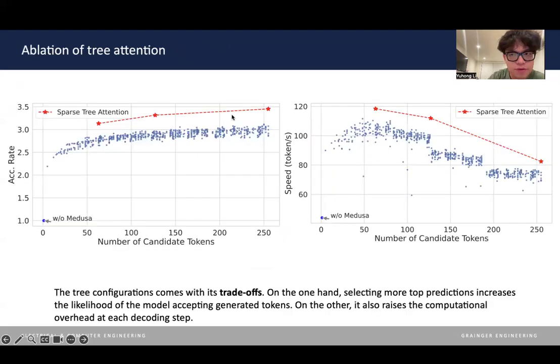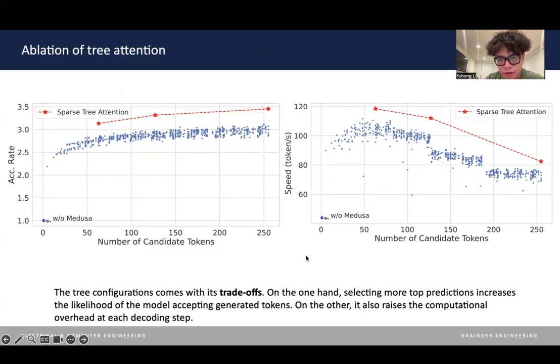And yeah, so in the previous slides we talked about trees, but there's no free lunch, right? There's no free lunch in real applications because we added more nodes on the trees. We need more computation.